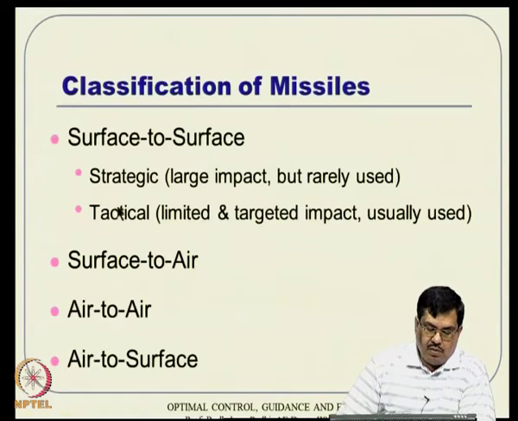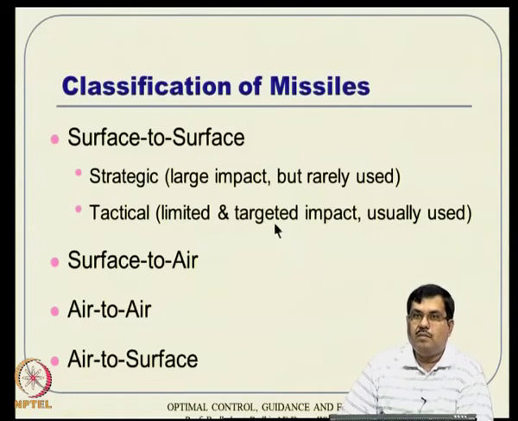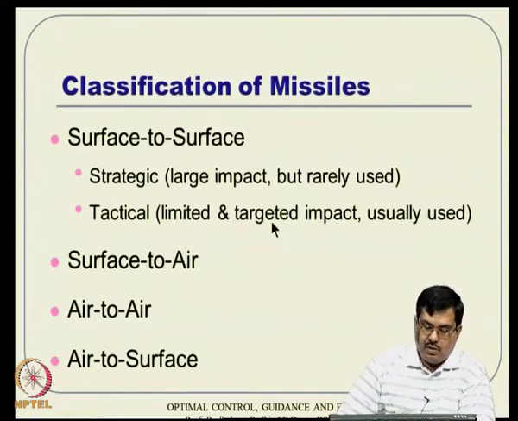But tactical missiles have limited but targeted impact, and that is where the usage becomes much more common, because you don't want collateral damage or unnecessarily large damage. So that is where tactical missiles come in. Then surface to air is largely of a defensive nature.